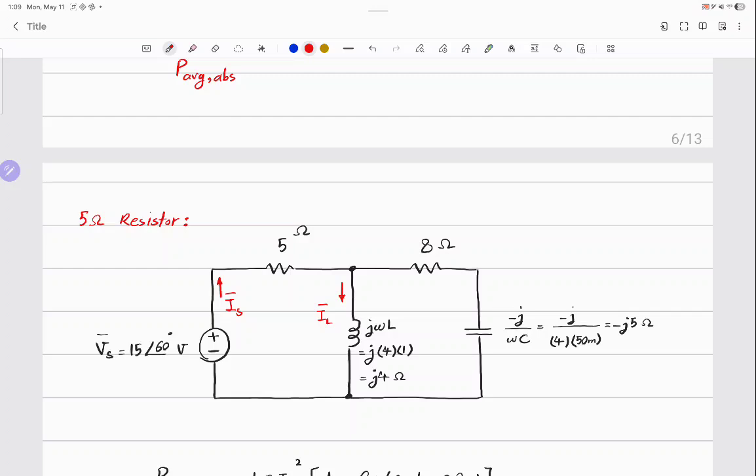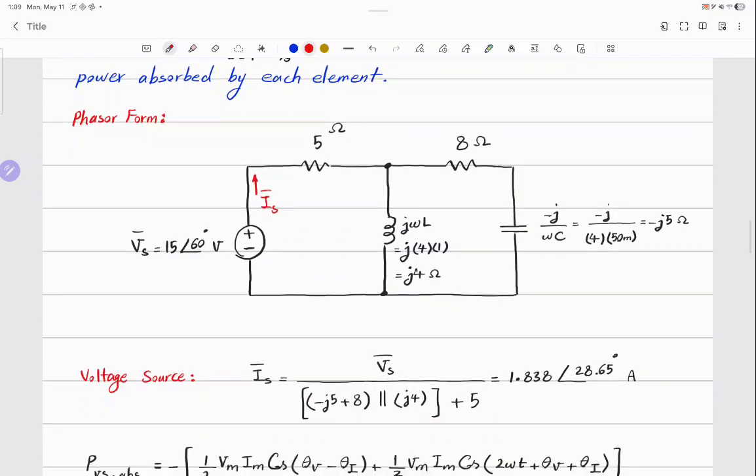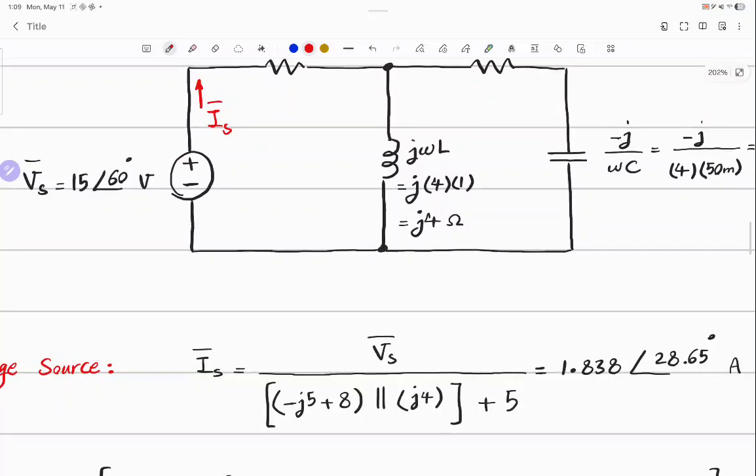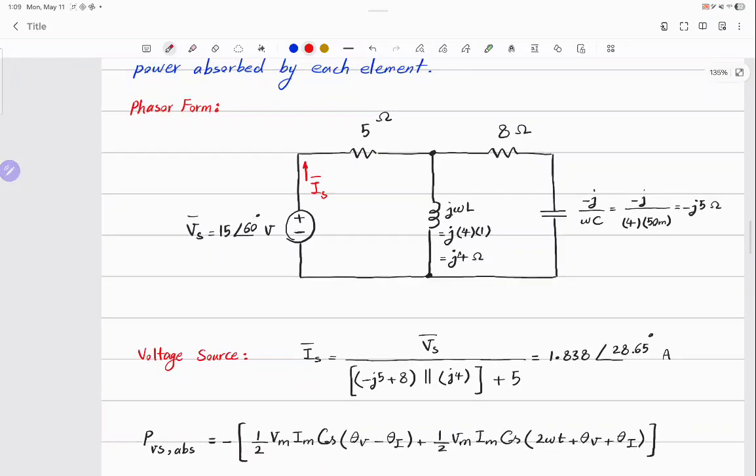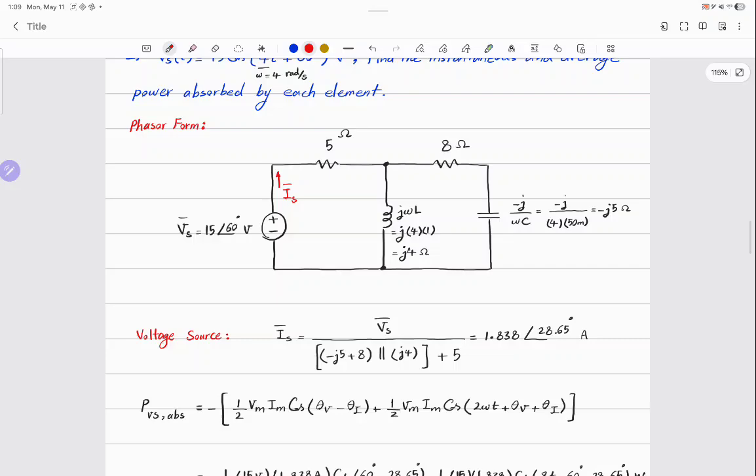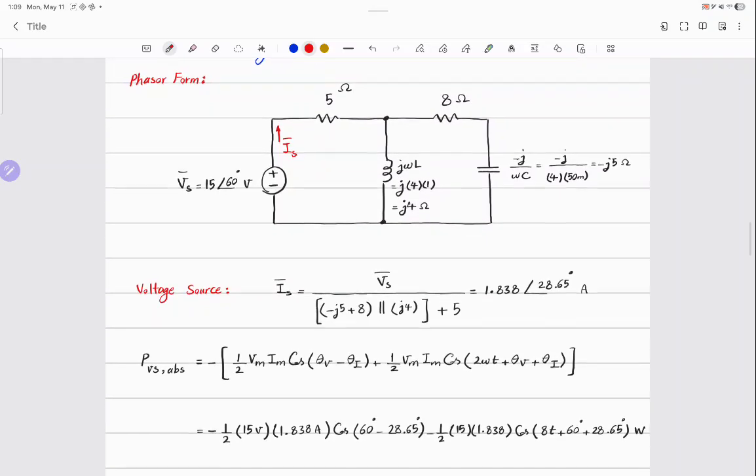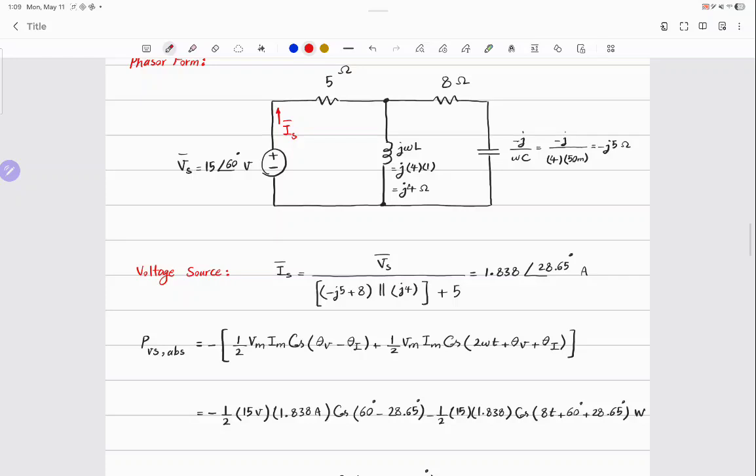Is it making sense? Let me ask you this. What is determining the phase of Is? If you remember the mathematical equation, the voltage source and all the components combined, right? And then, what is determining the phase of the current that's passing through the inductor?